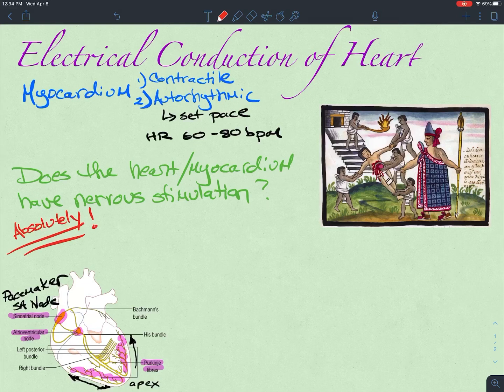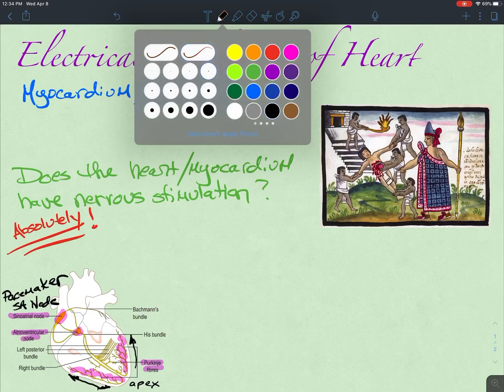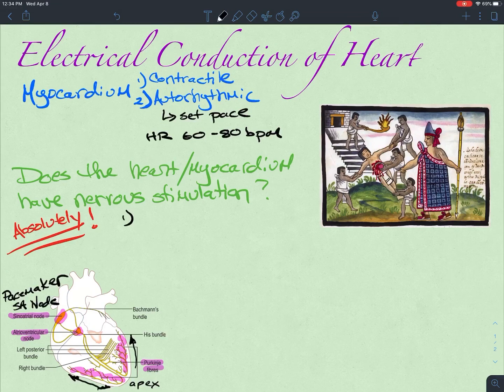The heart does not need nervous stimulation to beat, but it has nervous stimulation to either increase heart rate or decrease heart rate.